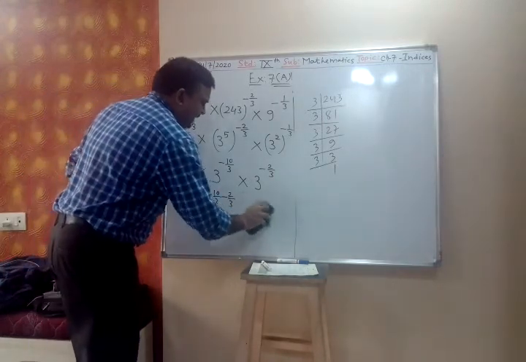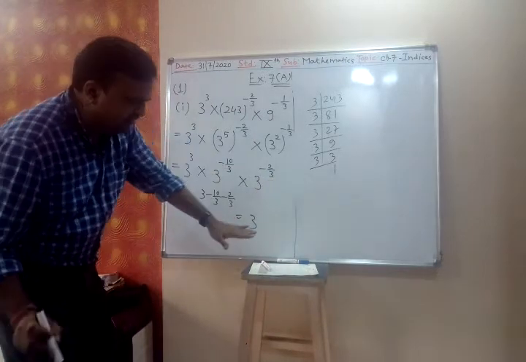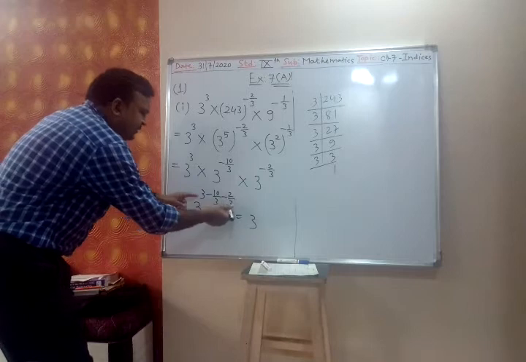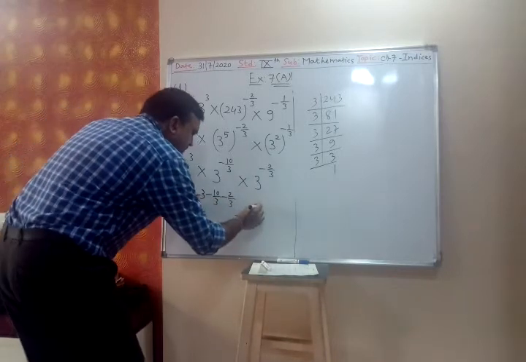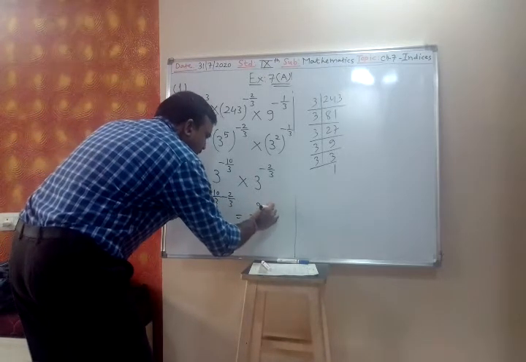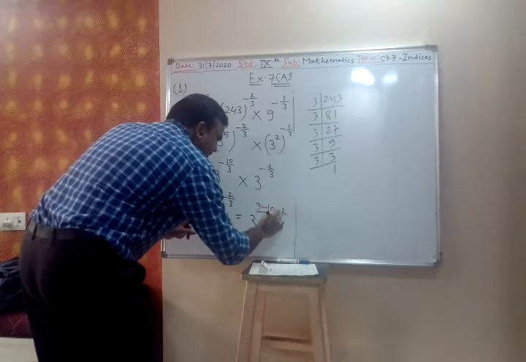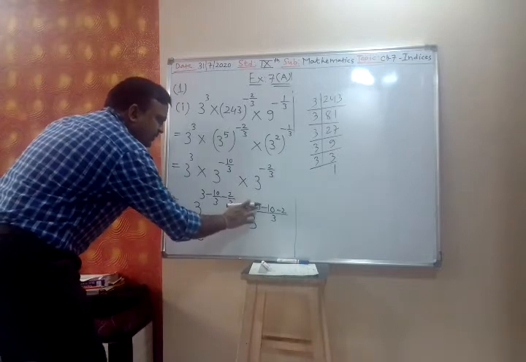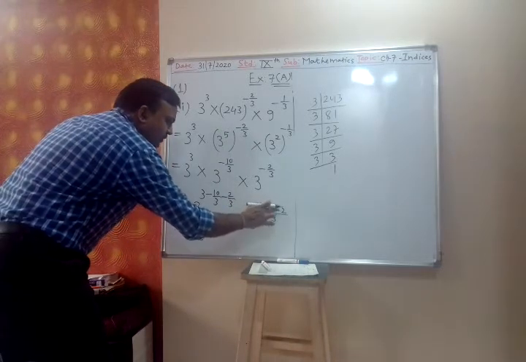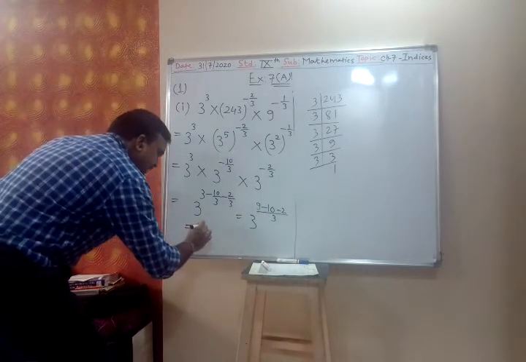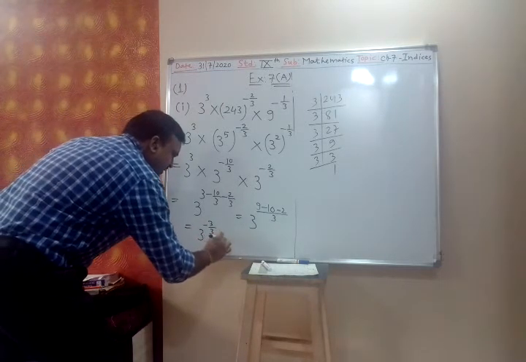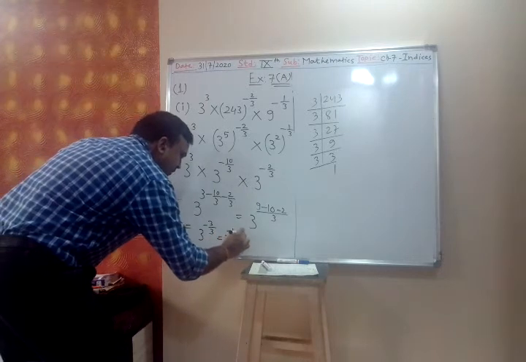Our answer is correct. Let me take the LCM as 3. So it will be 9 minus 12 upon 3, which is minus 3 upon 3. This gets cancelled. That is 3 raised to minus 1, which is 1 upon 3.